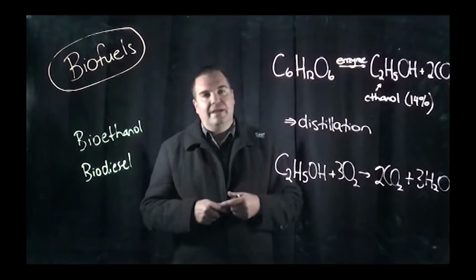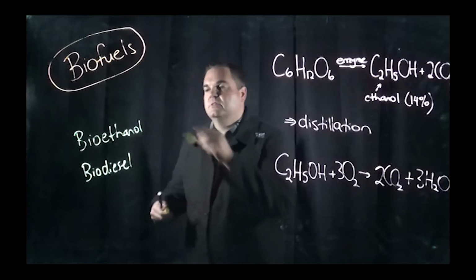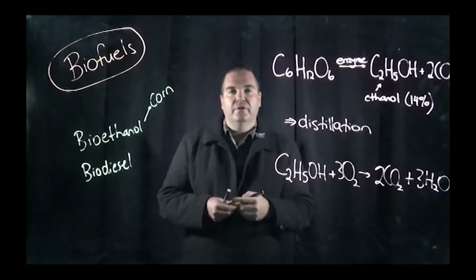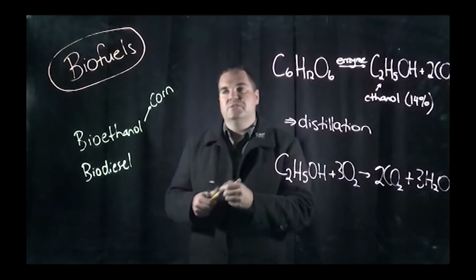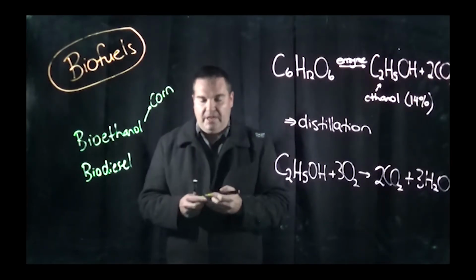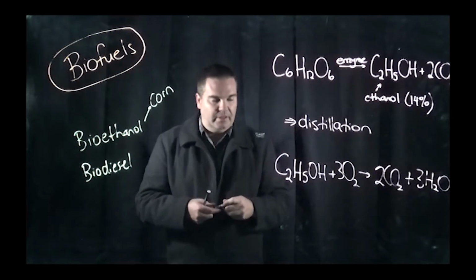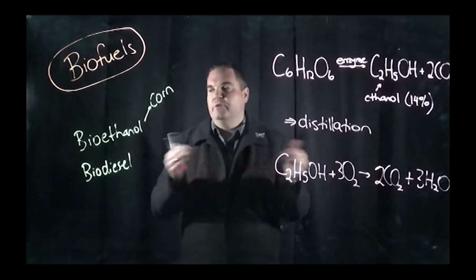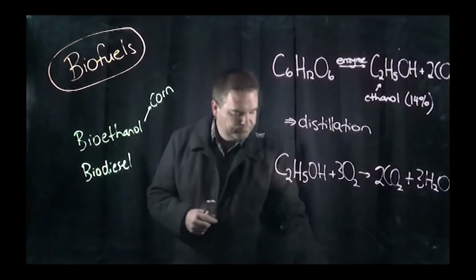Now, as we said, the main thing that they come from is corn. Now, the benefit of that is that the corn, as it's growing, will absorb carbon dioxide from the atmosphere. So I'm going to just show you why that's a benefit, versus a normal fossil fuel.